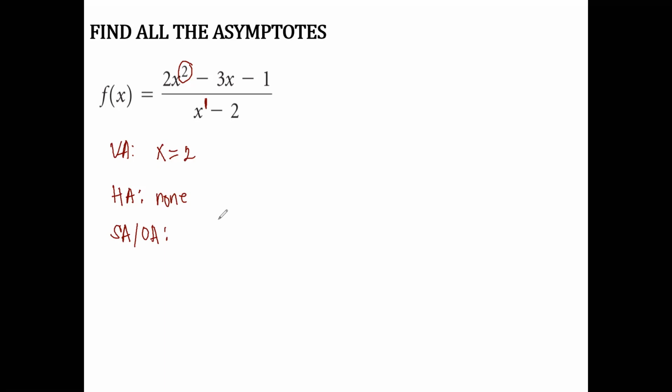So how do we get the slant asymptote? We have to divide 2x squared minus 3x minus 1 by x minus 2. Recall how to divide. So 2x, then 2x squared minus 4x.